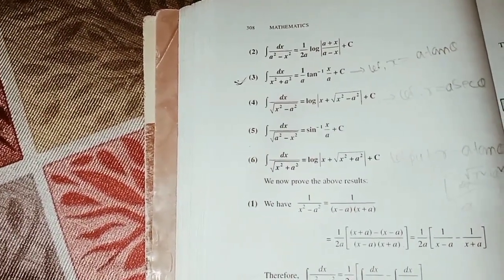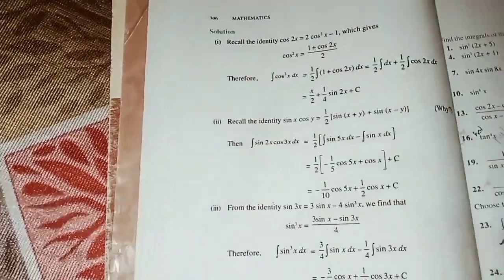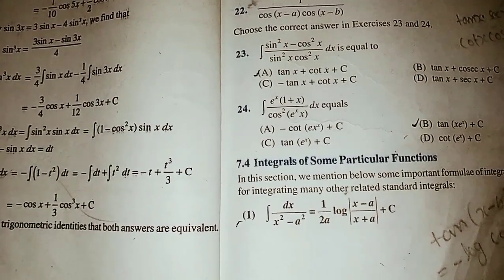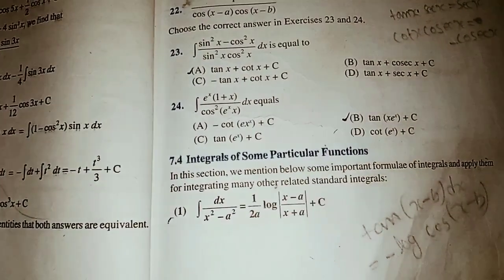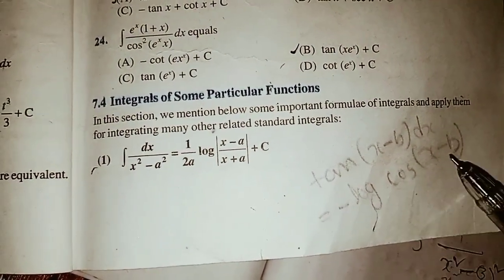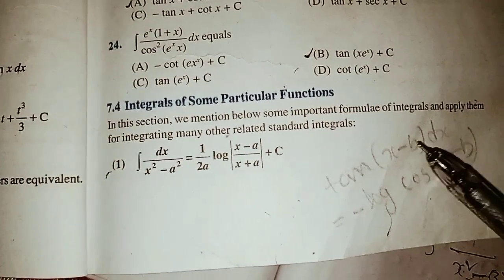So finally I am able to get this. So my dear friends, these are the formulas. You can see this is called integrals of some particular functions. Okay, this is also a formula we have. You have to remember this. 1 over 2a into log of x minus a by x plus a.